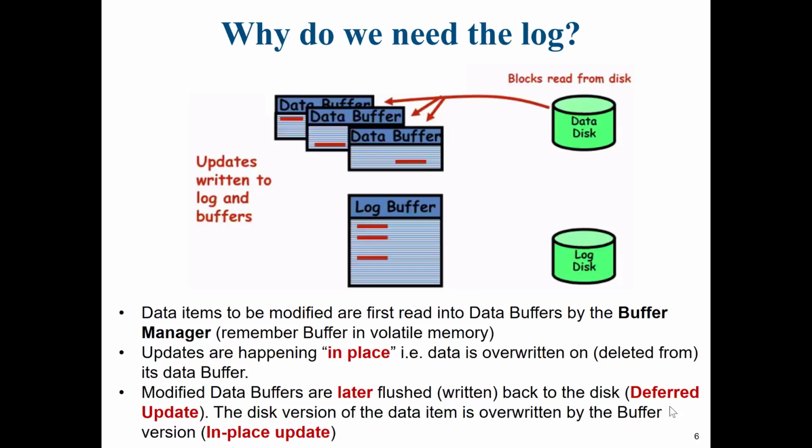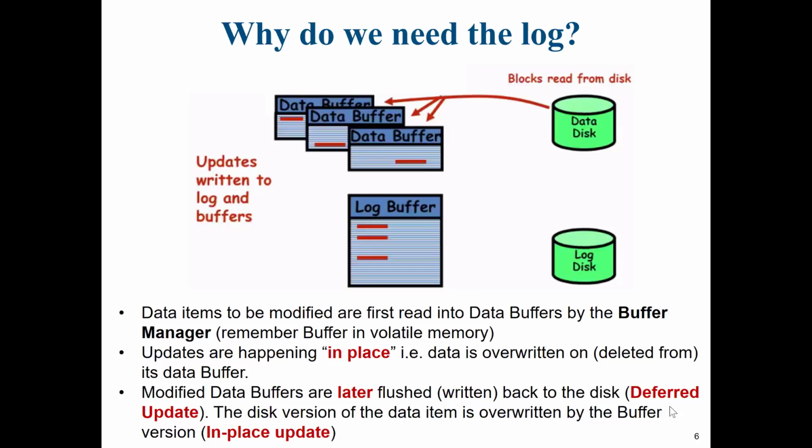Okay. So now, when the data buffers are modified, this is very important. When the data buffers are modified and the transaction commits, we don't go ahead and flush them to disk or write them to disk immediately. We do it later. It is a deferred update. When does the database do this operation of pushing the dirty blocks from the buffer to the disk?